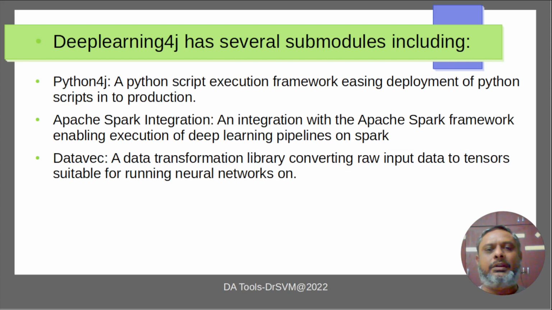So for improving efficiency, the use of tensors is a must. This DataVec is a library which is very useful for converting data into tensors. Once they are converted into tensors, running on neural networks, training networks, and any mathematical operations become very fast.